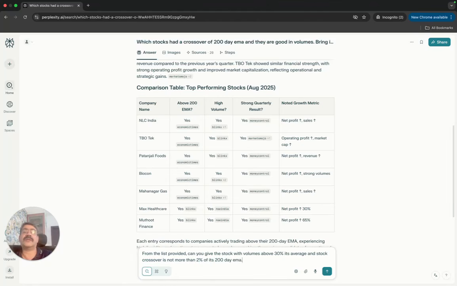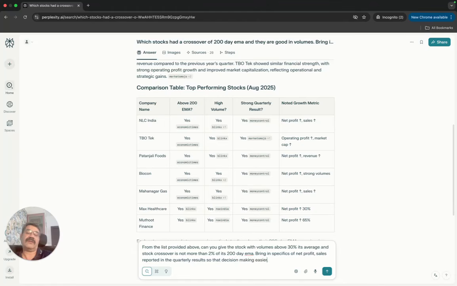Also bring in specifics of the net profit in the quarterly results. So I'll just make it specific: from the results provided above, can you give me the stock with volumes above 30% of its average and stock crossover not more than 2% of the 200-day EMA. Bring in specifics of net profit and sales reported in the quarterly results so that decision making is easier.